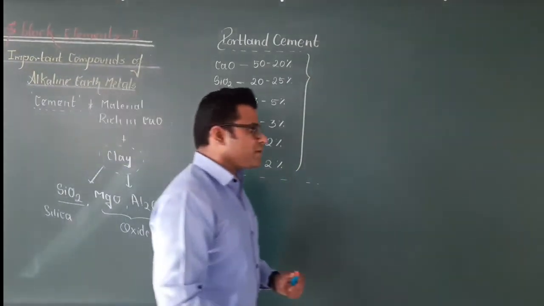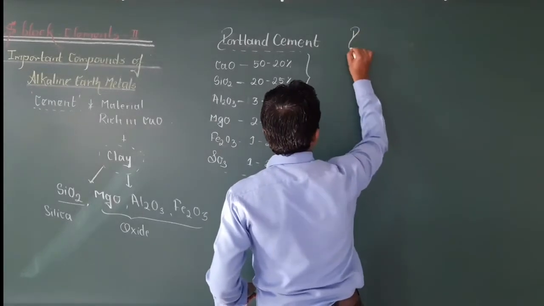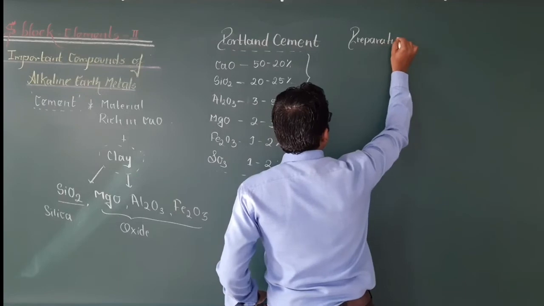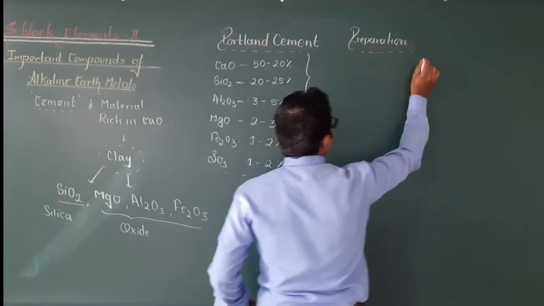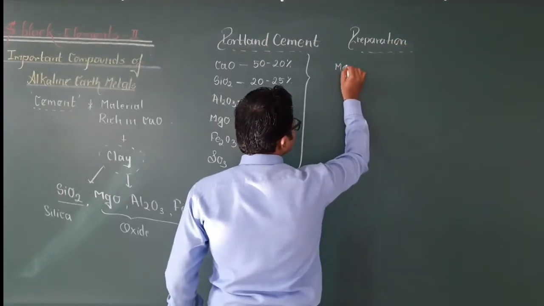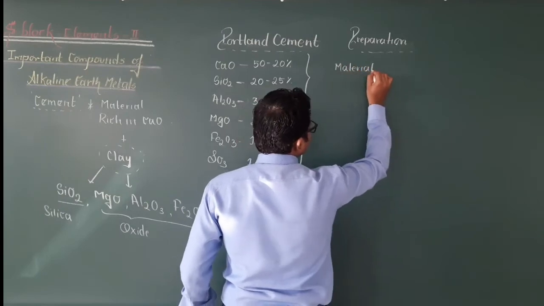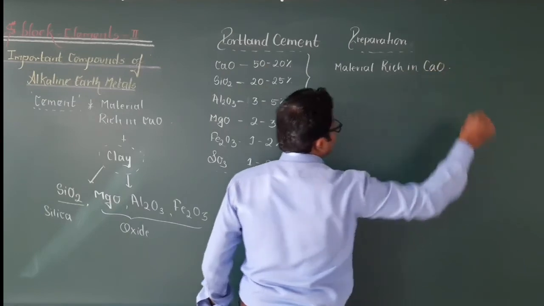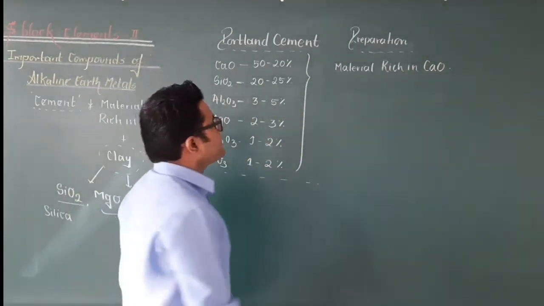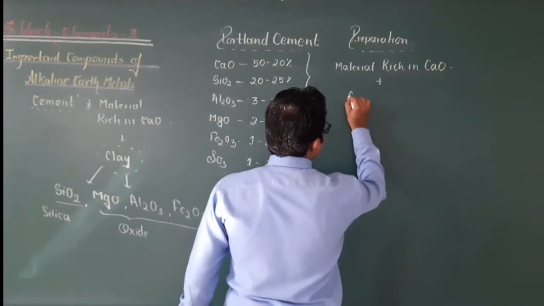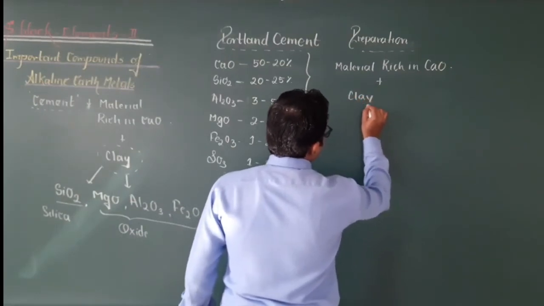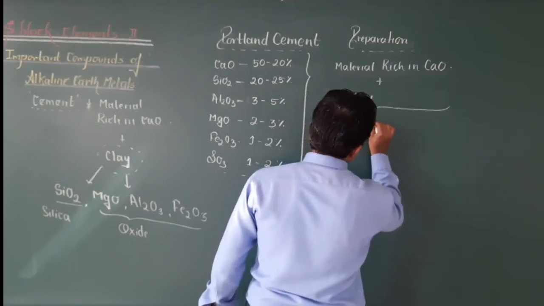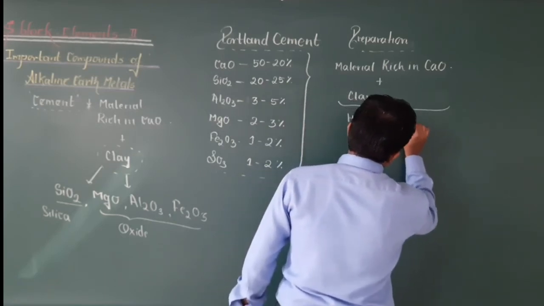Now, when we observe the preparation, the material rich in calcium oxide, usually lime, is mixed with clay, and this is heated strongly.